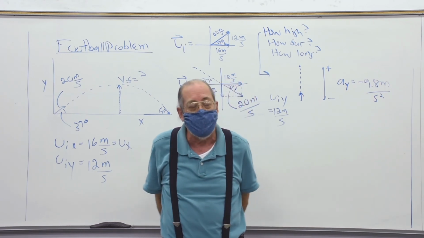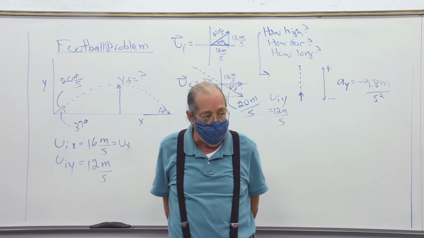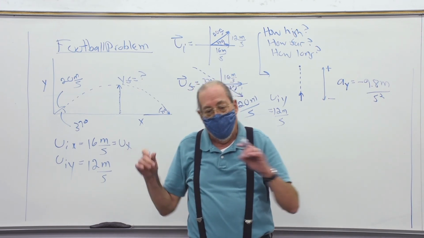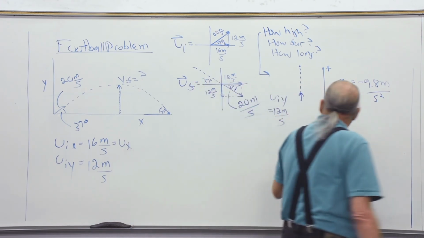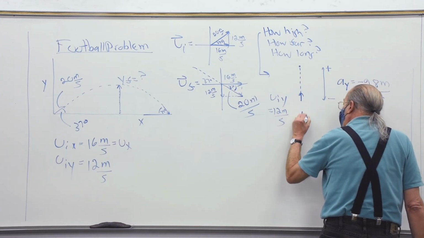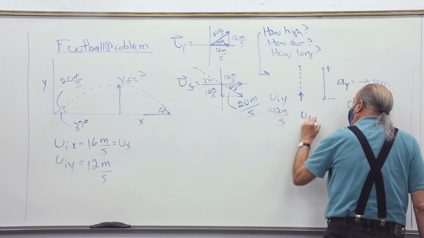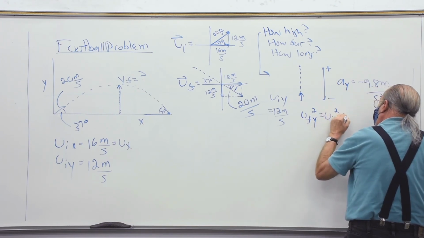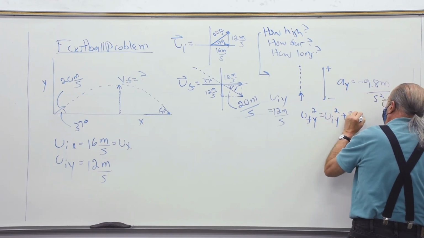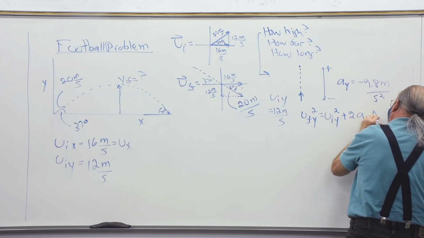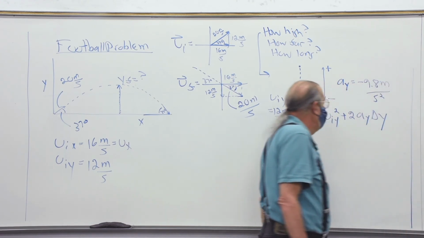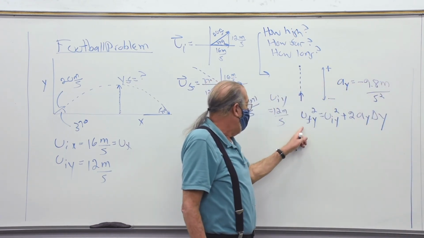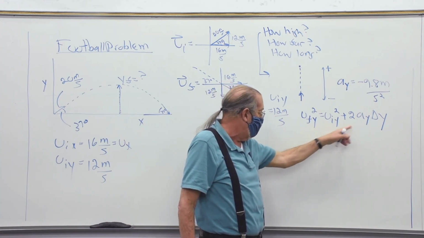But if you look at those constant acceleration equations with the y in place of the x, you find this, that v final y squared is equal to v initial y squared plus 2a sub y delta y. That's the same as vf squared equals vi squared plus 2a delta x.